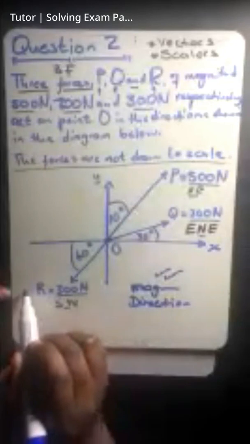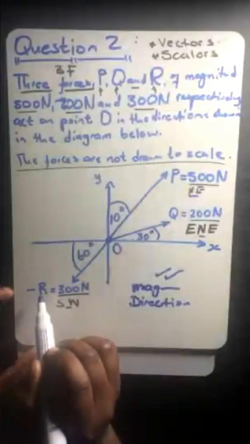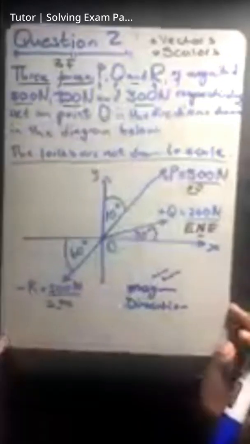So these arrows, they speak, guys. Making reference to this line, you can see these two are in the rightward direction, and this one is the only one in that direction. So that means R is actually in the negative direction, and this one is in the positive, and this one is in the positive direction. I hope that makes perfect sense.